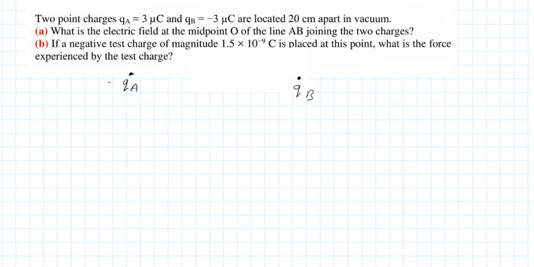It is a positive charge, it is a negative charge. The magnitude of charge is 3 into 10 the power minus 6 coulomb, but this one is a negative charge. This is positively charged.